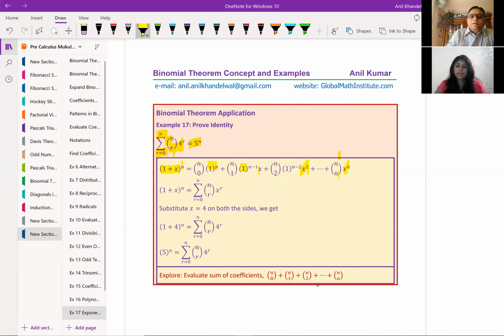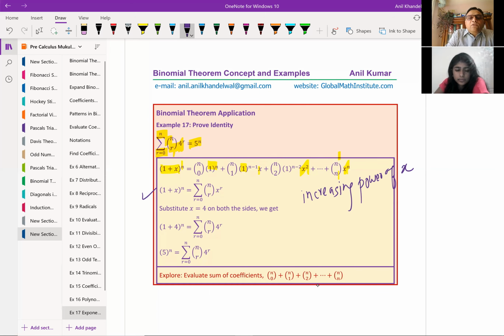Because 1 to the power of anything is just 1. So you get increasing power of x. That's what you get with nCr. In short, you can always write it like this.